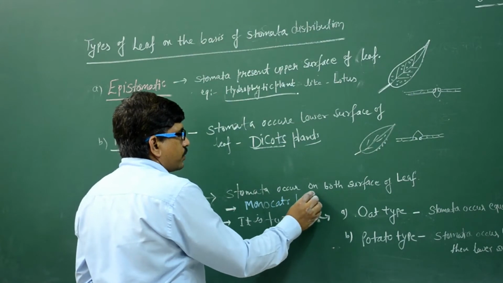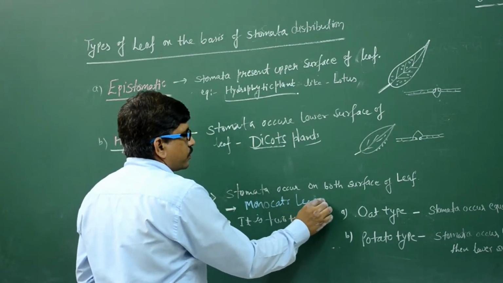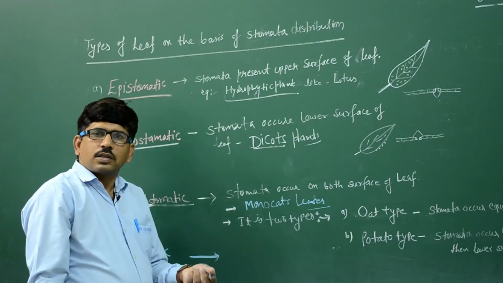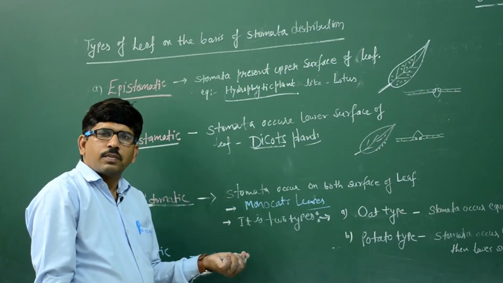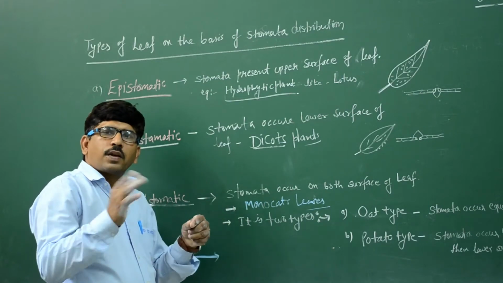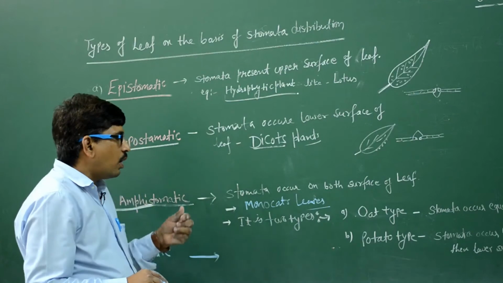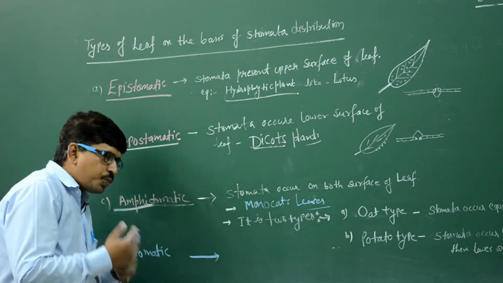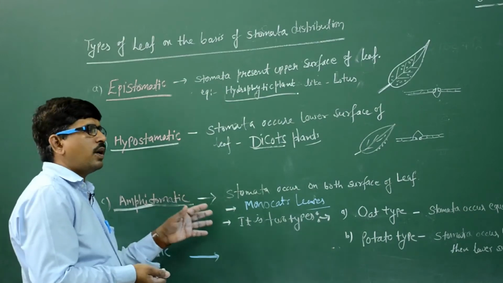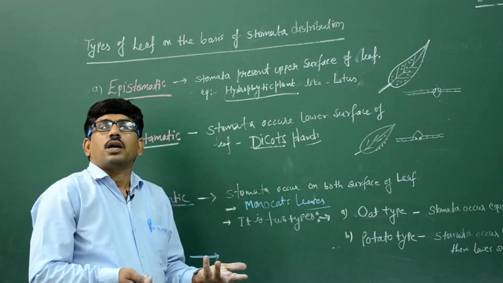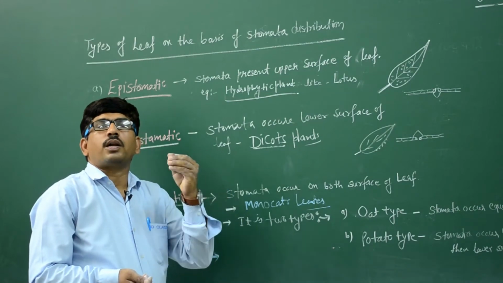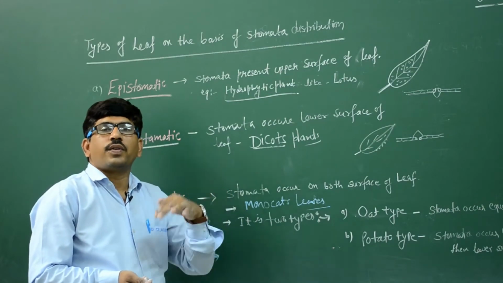Monocot leaves, grasses, poaceae members. The monocot leaves contain stomata on both surfaces, but the distribution of the stomata, the number of stomata, differs on different surfaces in different types.